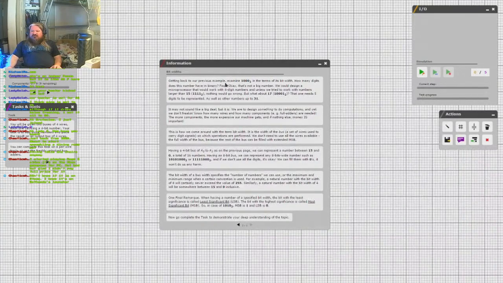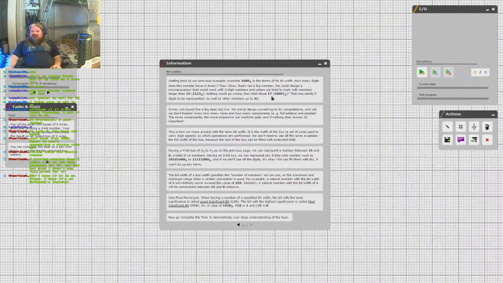Going back to the previous example, 1000 base 2, in terms of its bit width, how many digits does the number have in binary? 4. Okay, that's not a big number. We could design a microprocessor that would work with 4-digit numbers, and unless we tried to work with a number larger than 15, 1111 in base 2, nothing would go wrong.